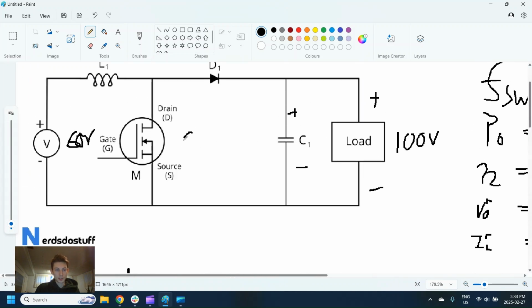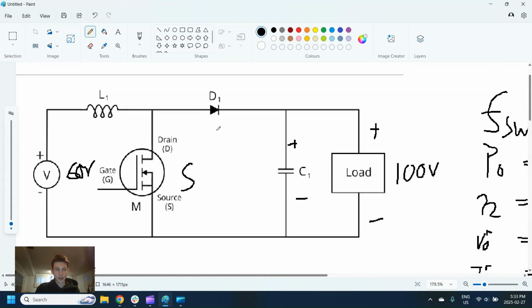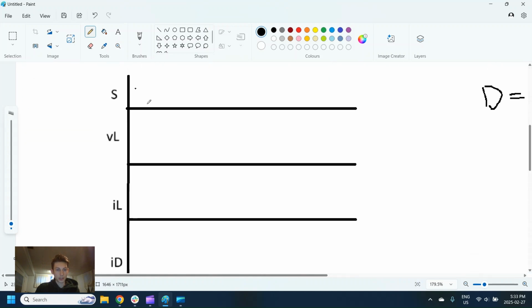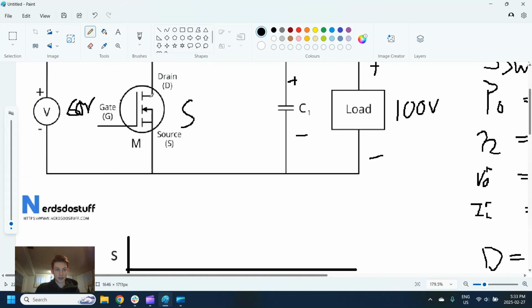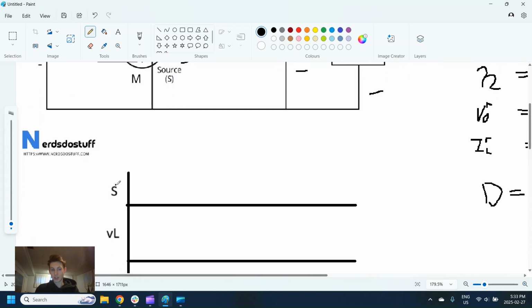And so I'm just going to call this our switch. And in our switch, we can look at what that signal going to the switch is going to look like. And I'll do that in maroon here. So we're going to have an on cycle, and that's going to be followed by a little bit longer of an off cycle.